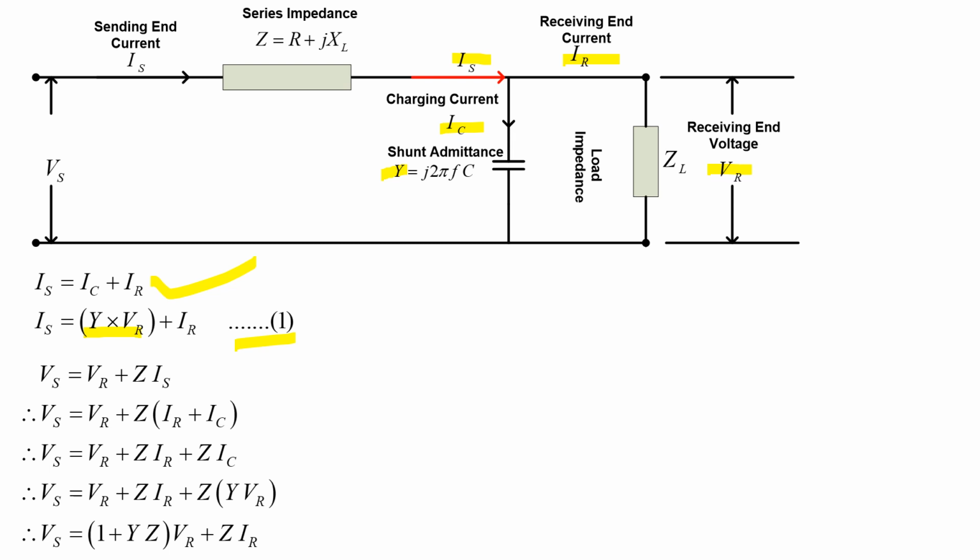Now I will write the expression of Vs. So Vs, you can know that this is my sending end voltage Vs, and at this point voltage available is VR.